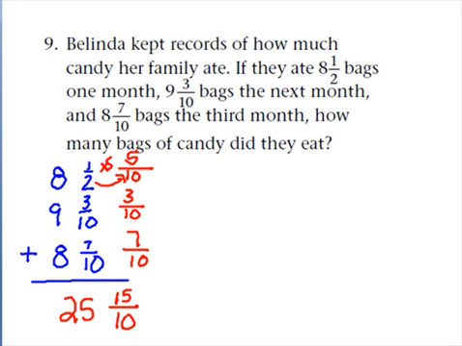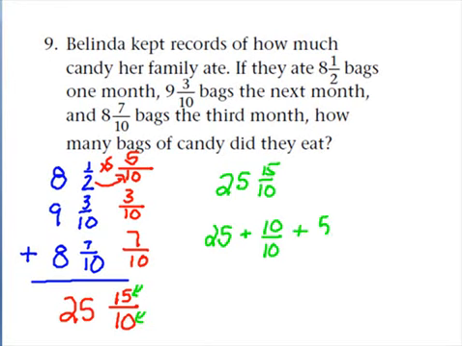However, I can't leave it in this format since my numerator is greater than my denominator, or in other words, the fraction is an improper fraction. So what I'll want to do is pull out one whole from the 15 out of 10. You might want to think of it as 25 plus, of the 15, to pull out one whole, I'll have to take out 10 pieces, 10 out of 10 pieces.